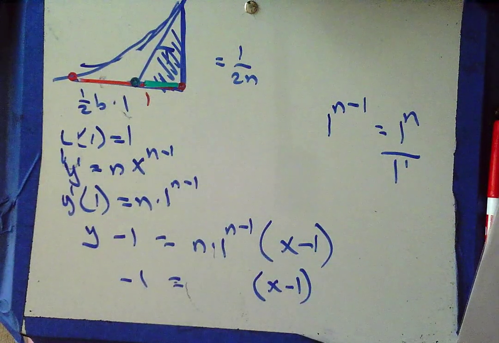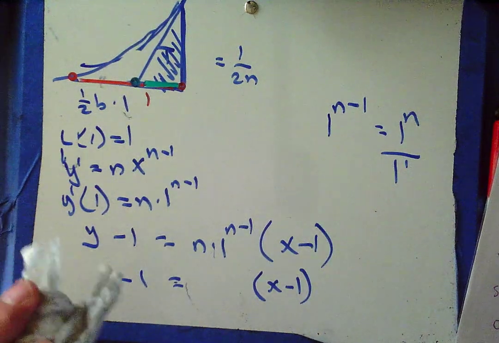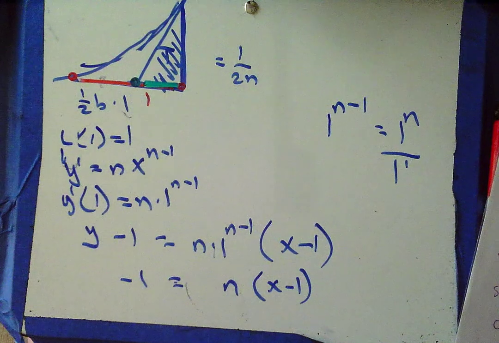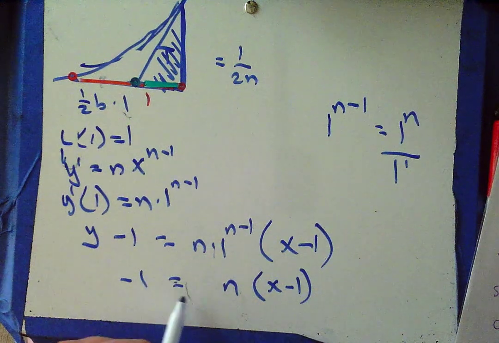Excuse me. My eyes are acting up just at the wrong time. So, B. Oh, that's still n. Duh. Okay, that's better. And now I set y equal to 0, and I solve.